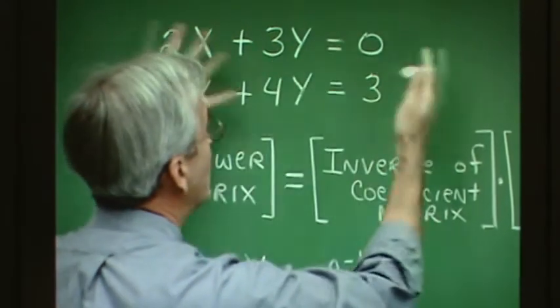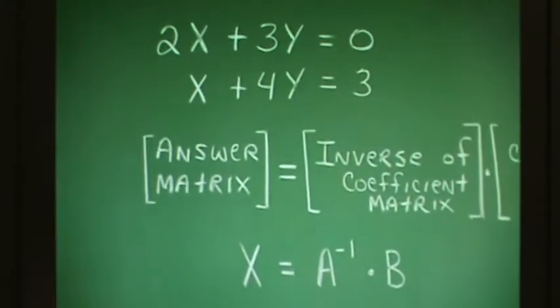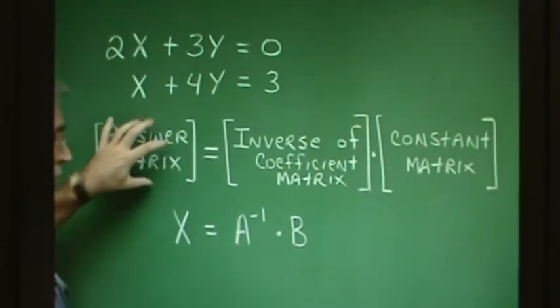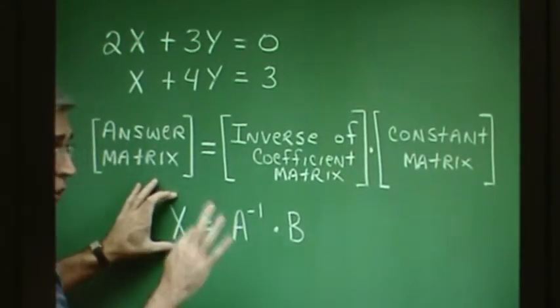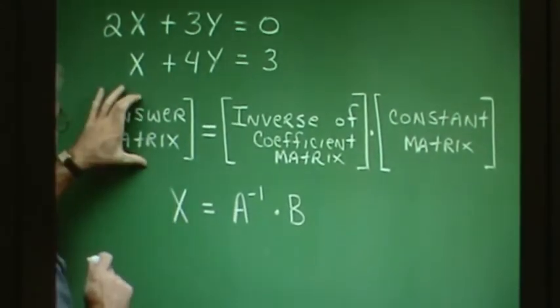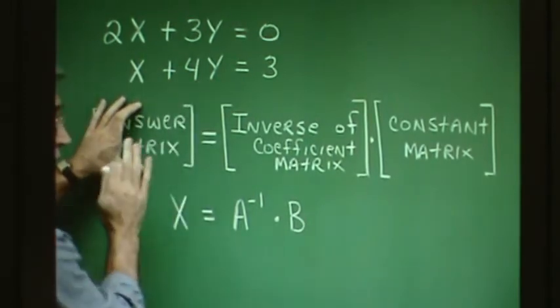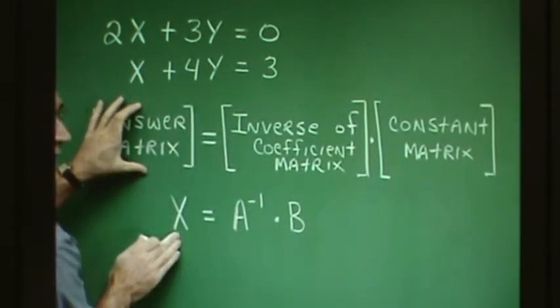All right, now it turns out to find the solution, in the matrix world, the answer matrix, which we'll designate as X for unknown quantities, will contain the value of X and the value of Y. I'm calling it the X matrix because of the unknown idea.